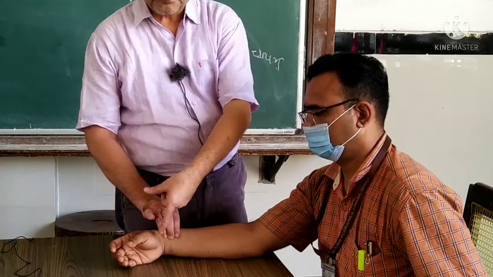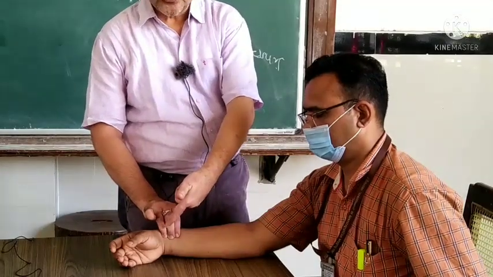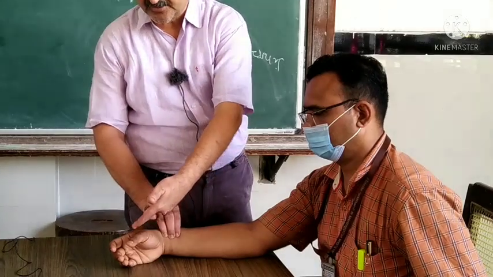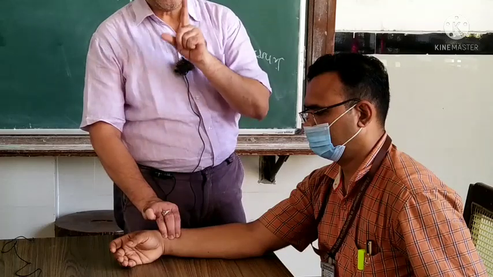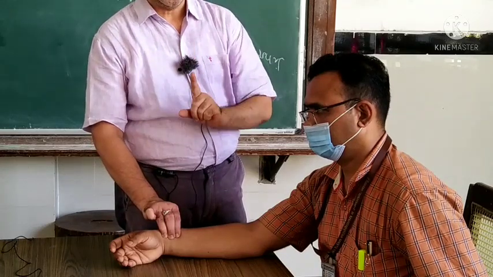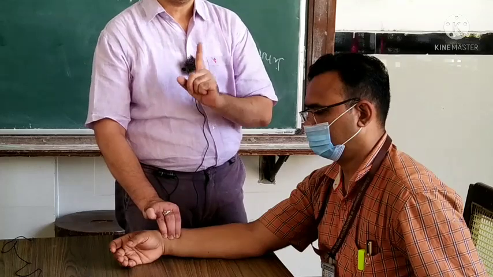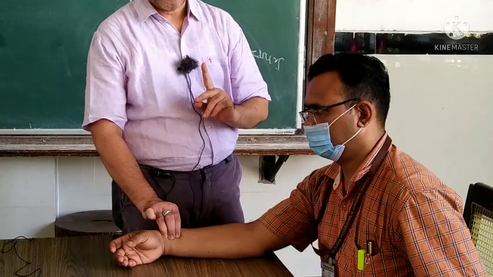Because we are preventing the retrograde movement, or the arterial pulsation coming from the palmar arch. Because of this, our two fingers, the middle and the index finger, are now sensing the beating of the radial artery, or the pulse of the radial artery.